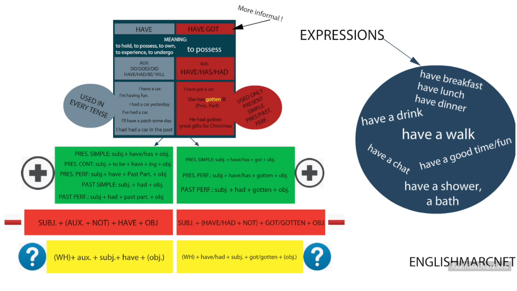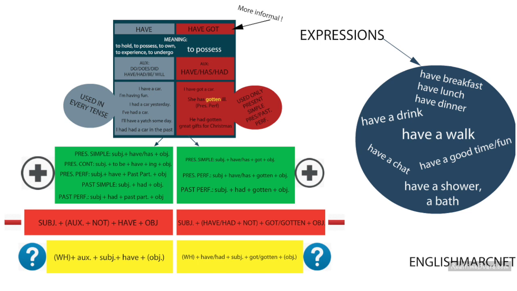Okay, I gave you some examples. I have a car, the first one. I'm having fun. This is the present continuous. I am having fun. I had a car yesterday. So that's the past simple. I've had a car. Okay, that's the present perfect.